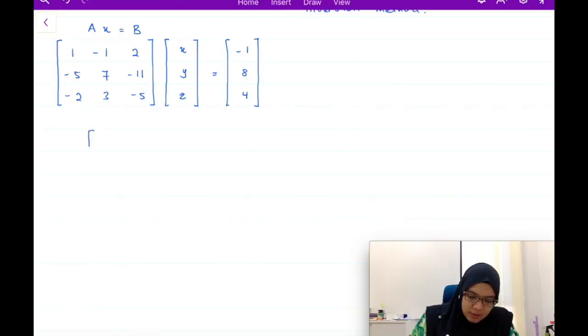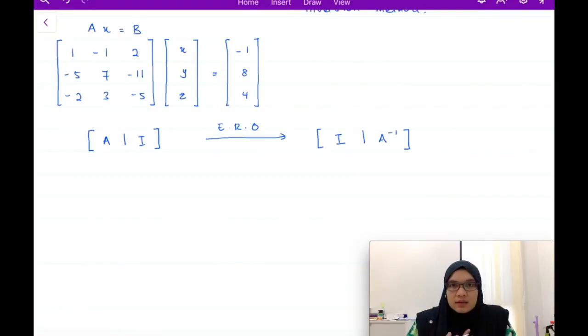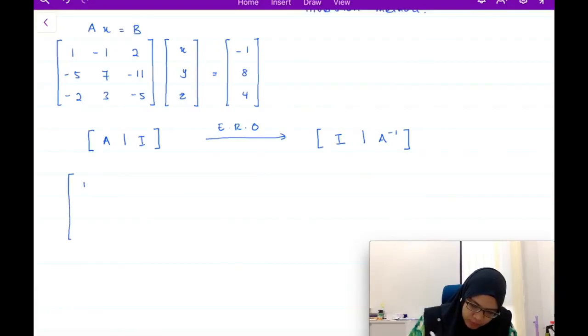That is, we write A as an augmented matrix, next to the identity matrix, and we use elementary row operations until we have the identity matrix on the left. The matrix obtained on the right by using the same EROs is the inverse matrix of A. So first we write A: 1, negative 1, 2, negative 5, 7, negative 11, negative 2, 3, negative 5, and we write the identity matrix.